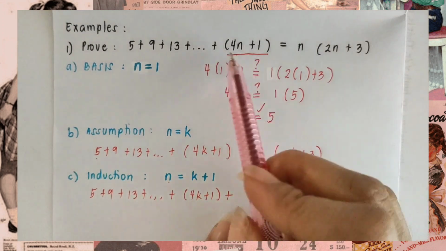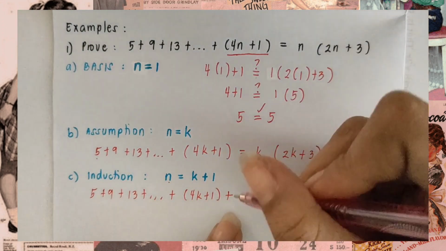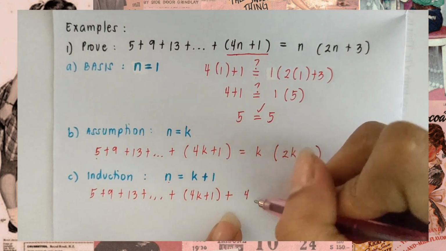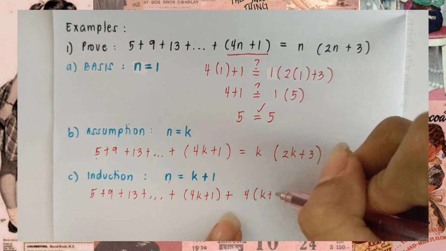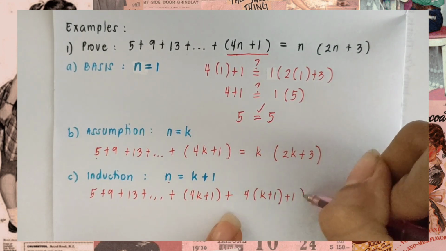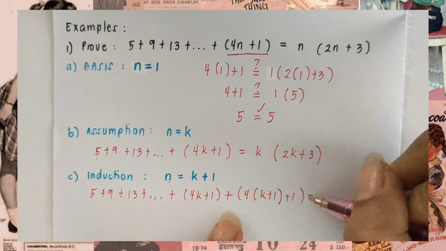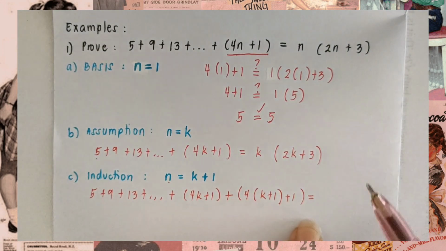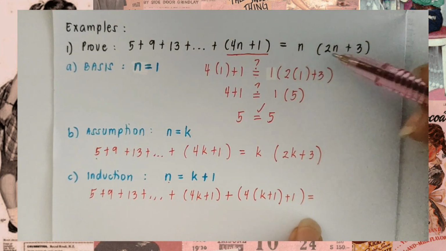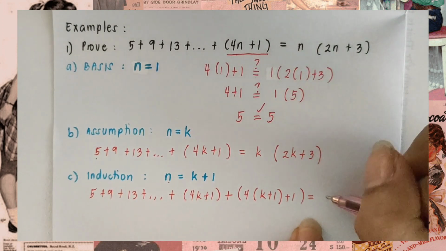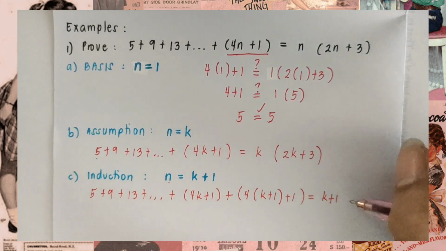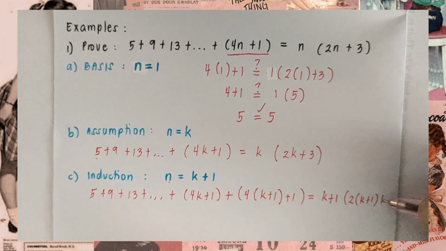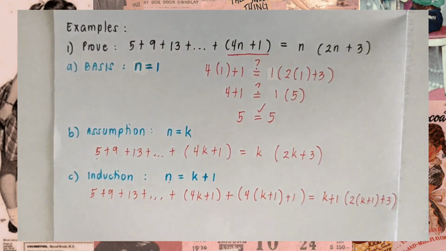All n on our given will be changed to k plus 1. So we have 4 times k plus 1 plus 1. Will it be equal to, change all the n here with k plus 1, k plus 1 times the quantity of 2 times k plus 1 plus 3.